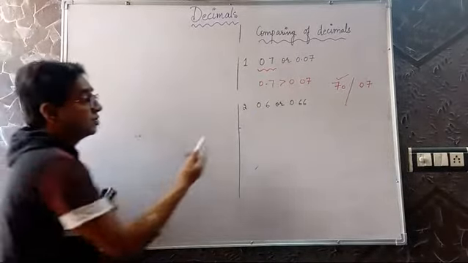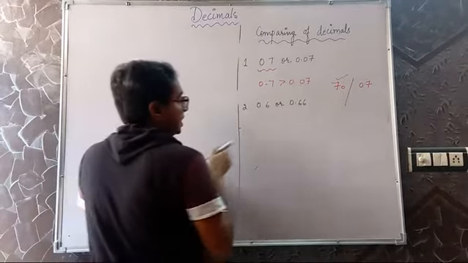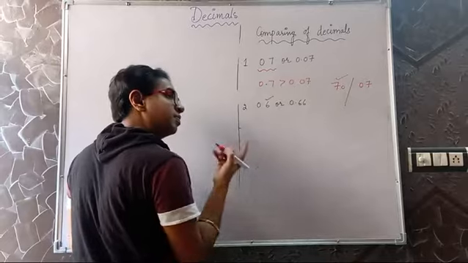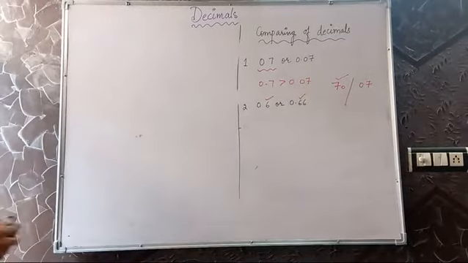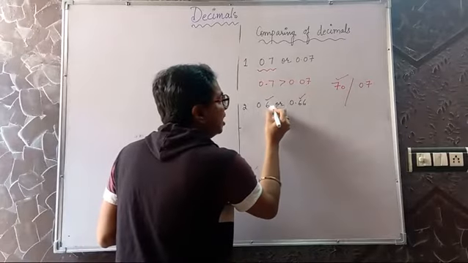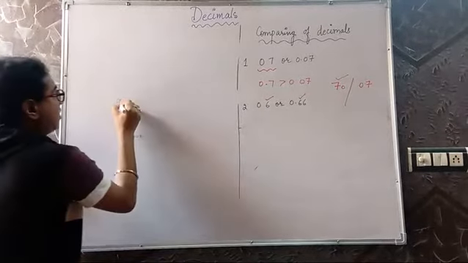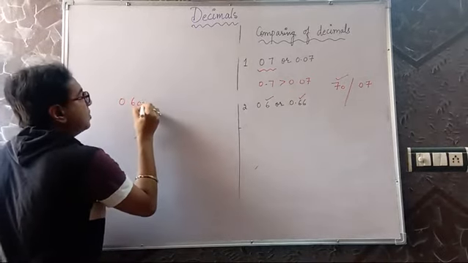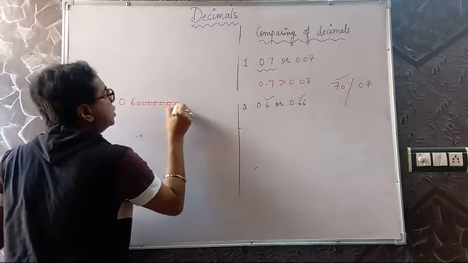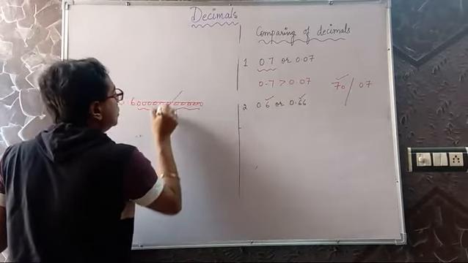Similarly, next question. 0.6, 0.66. 10th place 6, 10th place 6. Clear? But you can't see the 100th place here, but you see it here. Do remember, if we are writing like this, after this you put any number of 0s, those zeros have no utility.